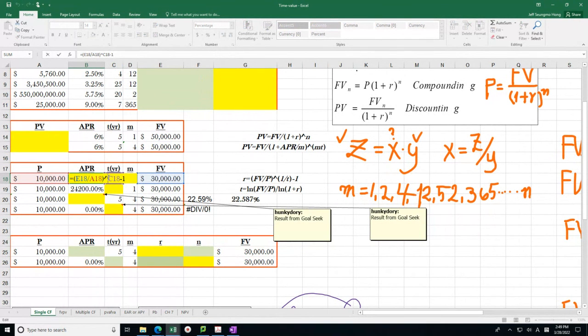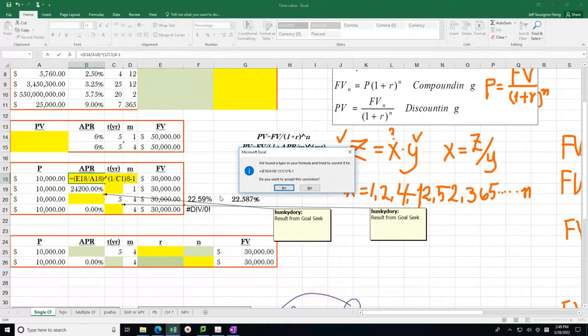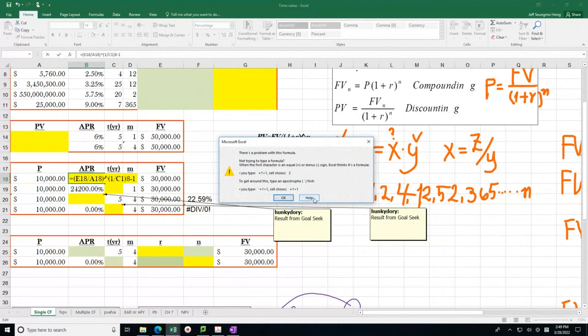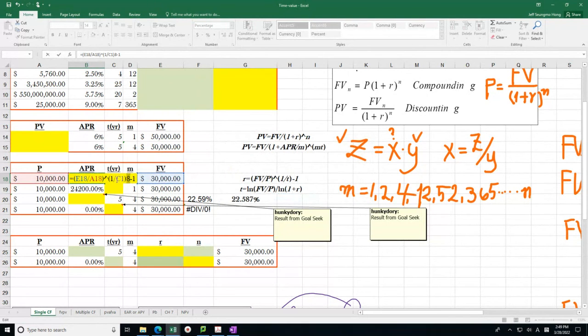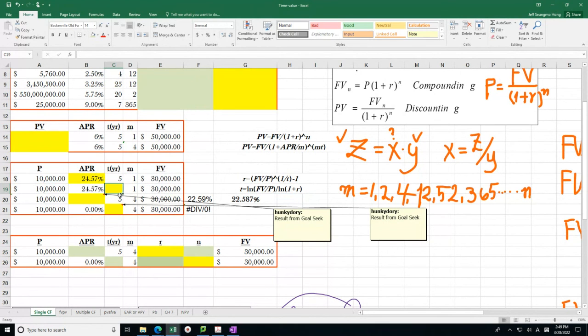Oh, no, 1 over C18. You would have this, and then let's find what this is going to be.